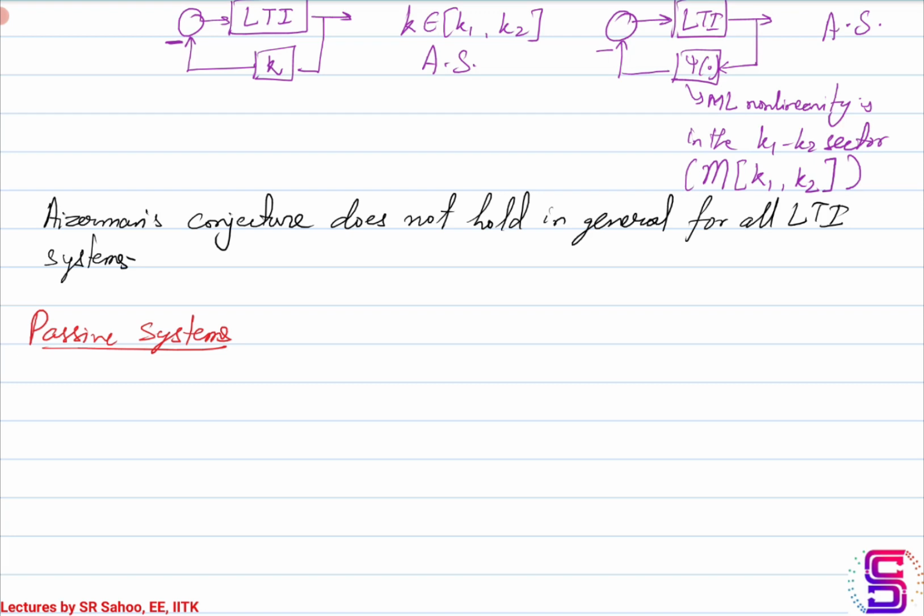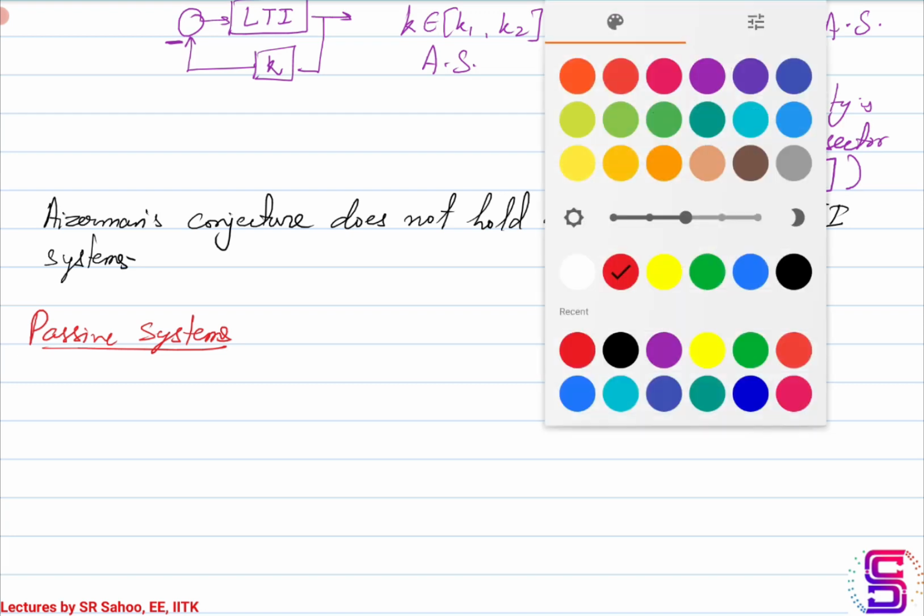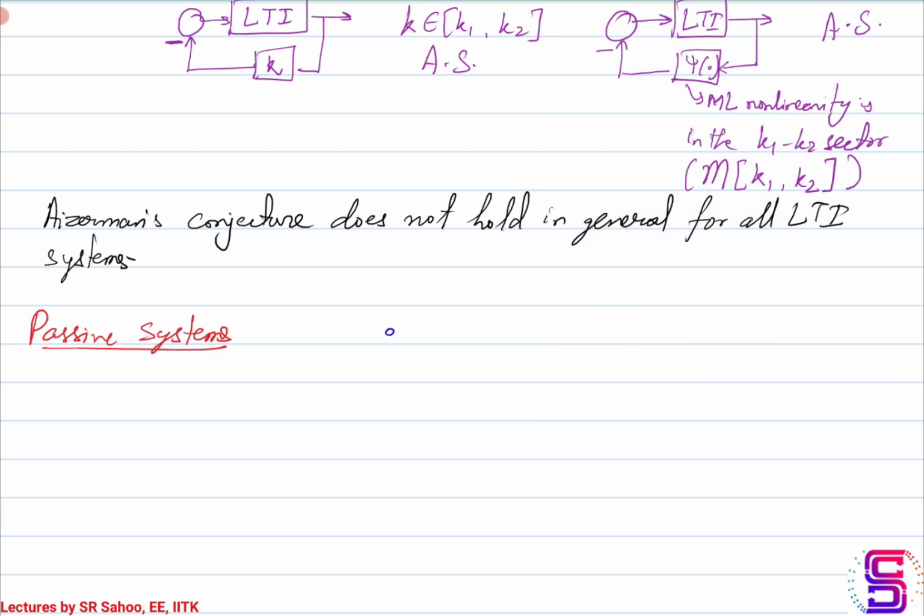The simplest example that you can think of is a resistor. Okay, a resistor R. If a voltage V is applied across this resistor, then a current I will start flowing across it.